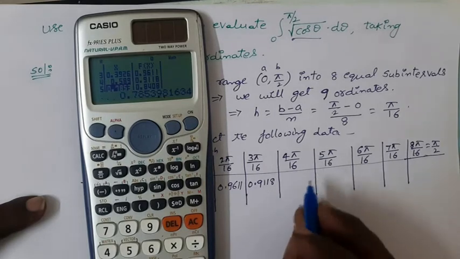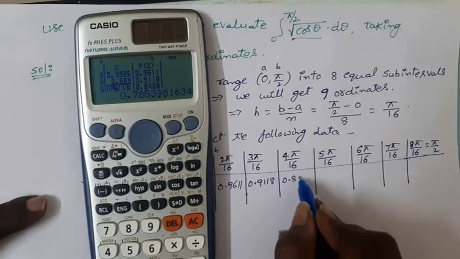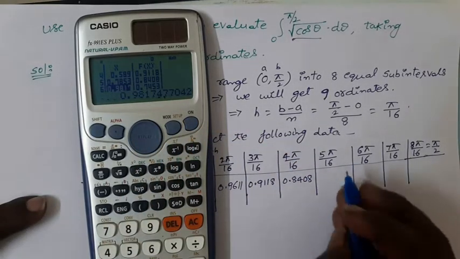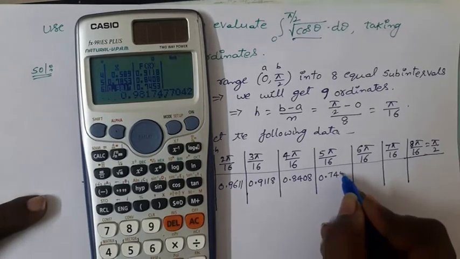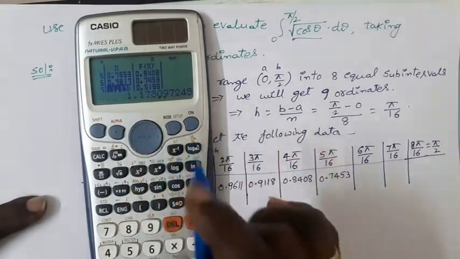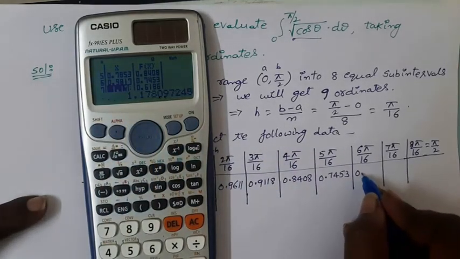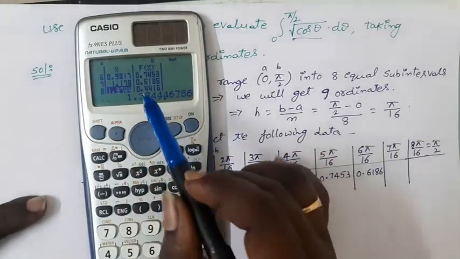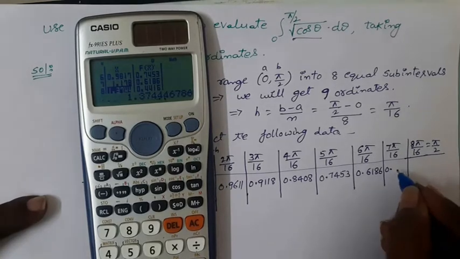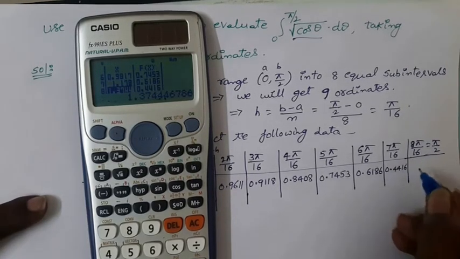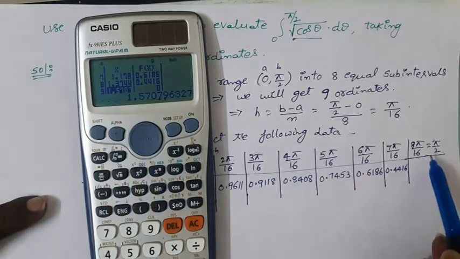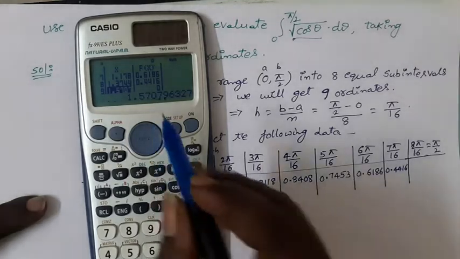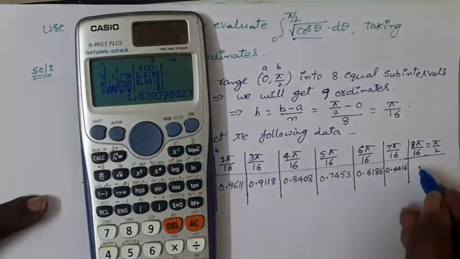The fifth value is 0.8408. Next, 0.7453. Next, the seventh value, 0.6186. Please note down carefully. Next, 0.4416. And finally, at pi by 2, everybody knows that cos pi by 2 is 0, and root over 0 is 0. The scientific calculator also shows a similar value, which is 0.